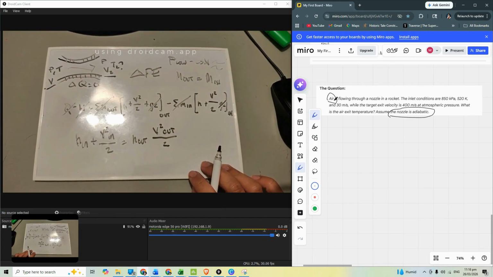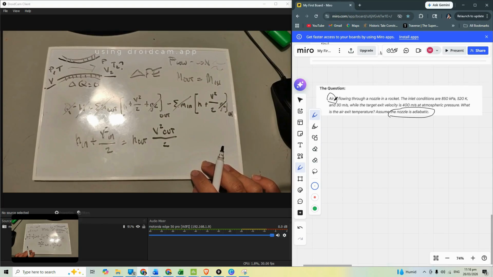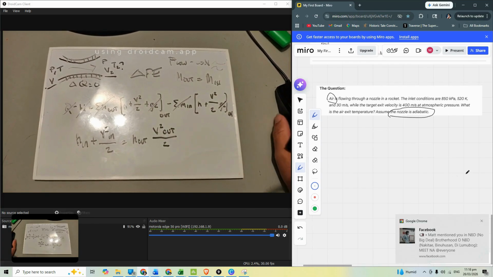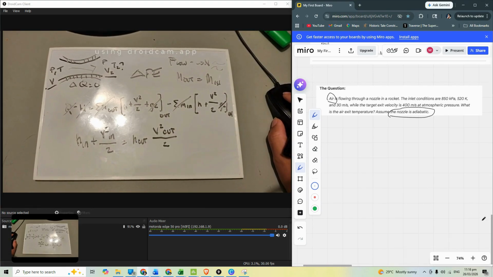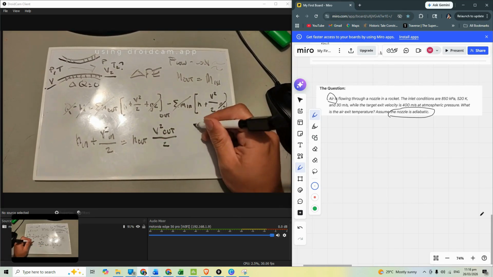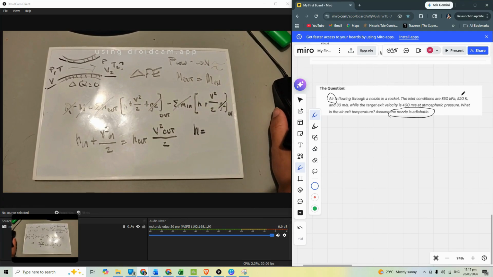Well, maybe in another form we can measure enthalpy. Since enthalpy is a function of temperature, we can swap this enthalpy with something a little bit simpler that was presented to us. So we have here 520 Kelvin. That's temperature.